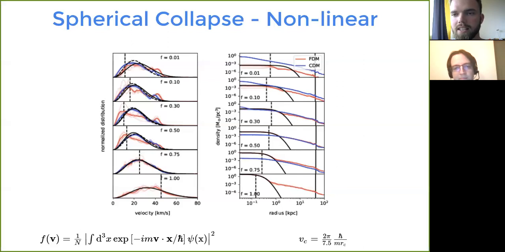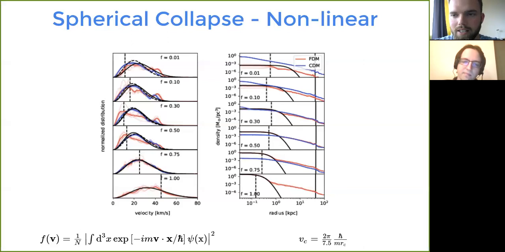You can still see that the inner part is suppressed, so there's still a core as opposed to the cold dark matter cusp, but it's not well fit by a soliton profile anymore, and also not well fit by the modified ground state solution that we used for the baryons.